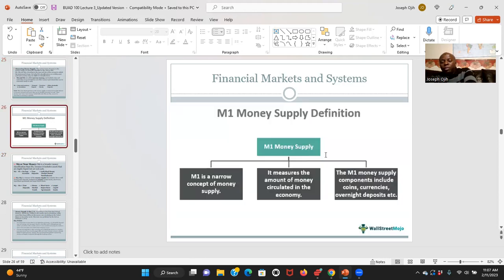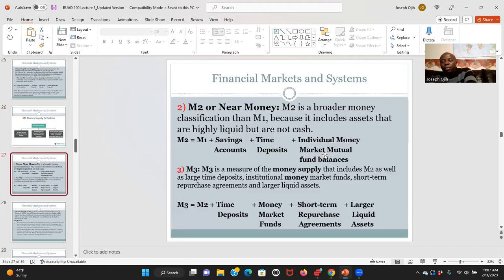They are more liquid, but M2 includes other components that are not as liquid as M1, and it includes part of M1 as well.